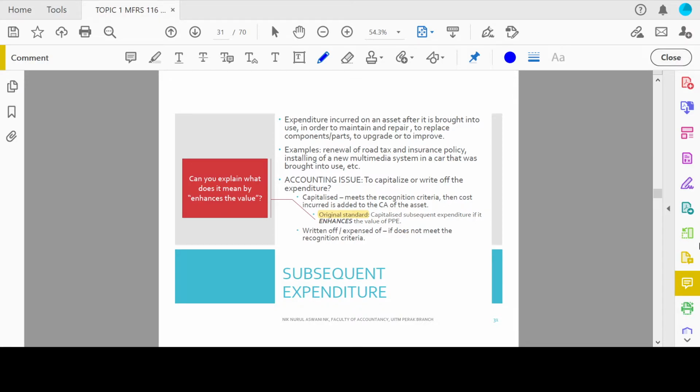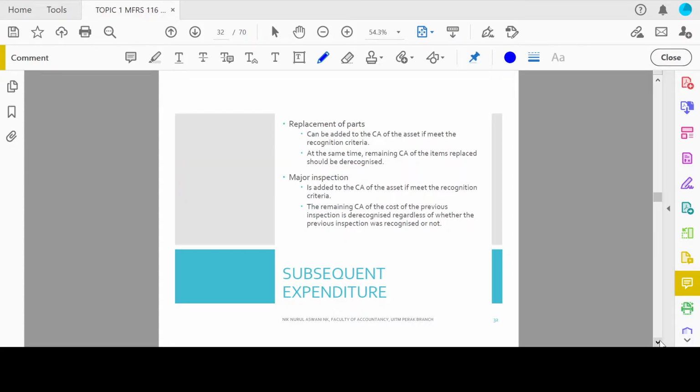Next, let's look at the common examples under subsequent expenditure. The huge cost of subsequent expenditure usually comes from the replacement of parts and also the major inspection. The replacement of parts is recognized as long as it meets the recognition criteria, which is probable that future economic benefit flows to the entity and the cost can be measured reliably.